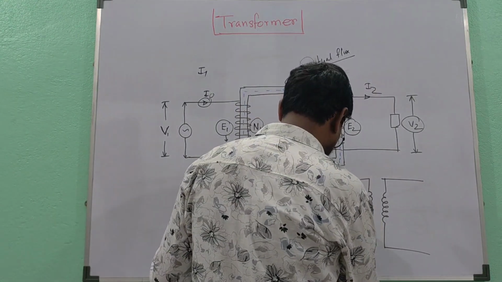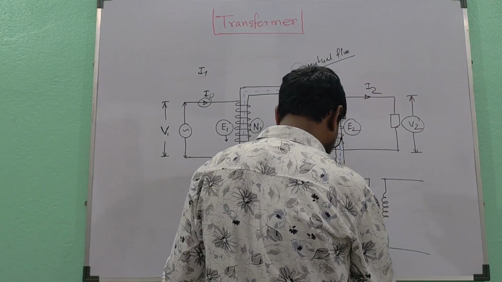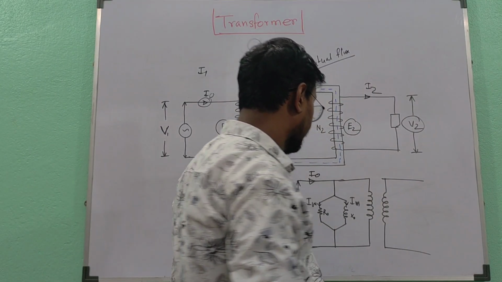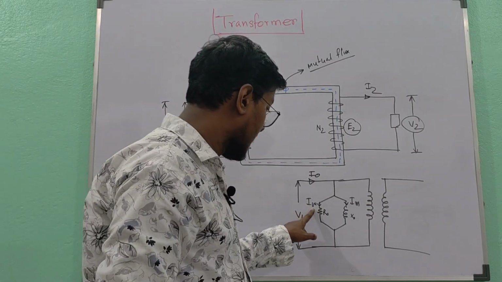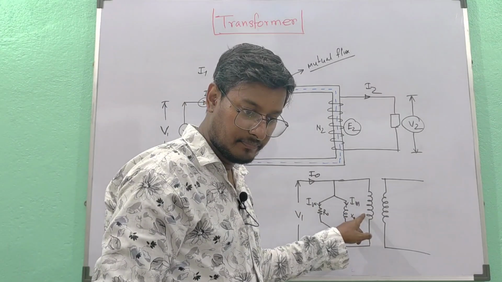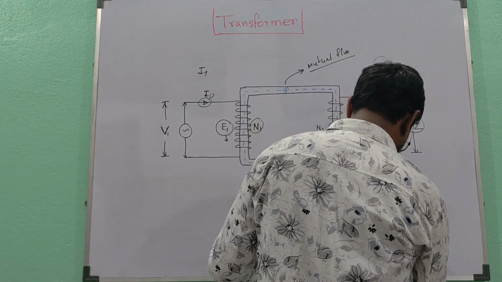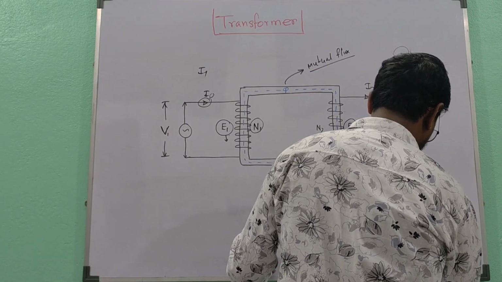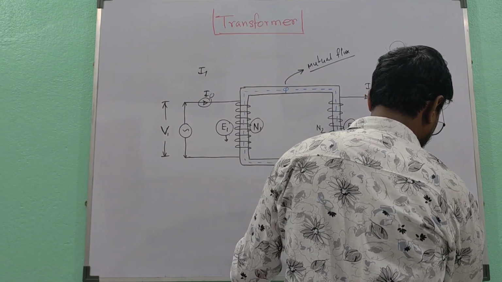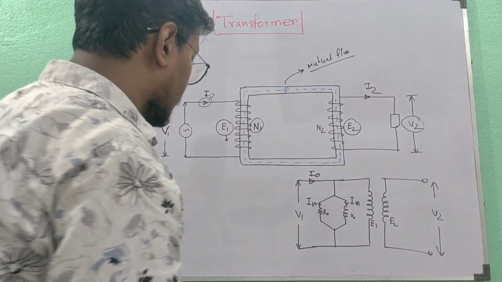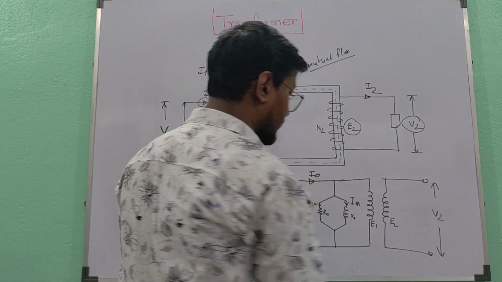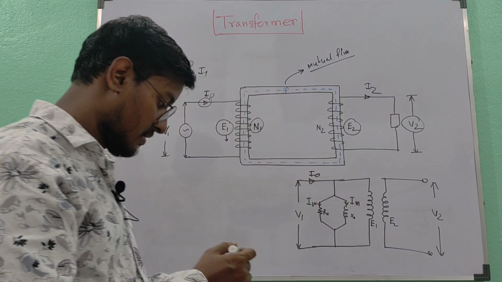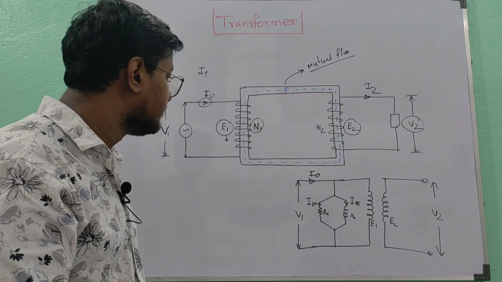Here we are considering R0 and X0. So one is IW, another is IM, and this is E1, this is E2, this is V2. So this is the no load equivalent circuit of the actual transformer considering these losses.